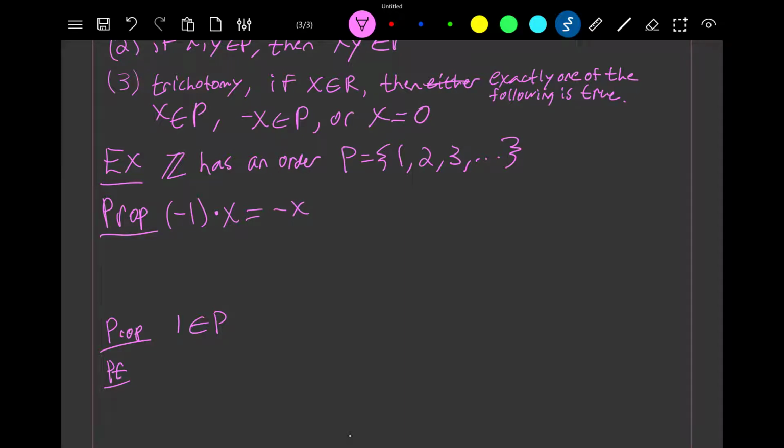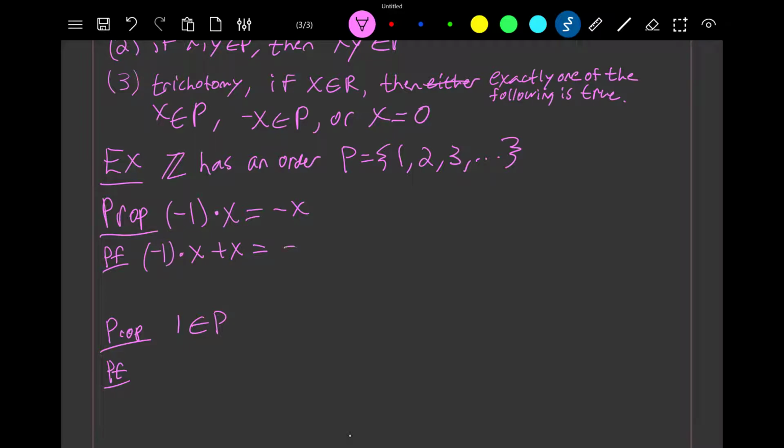And when I say -1 here, I mean the additive inverse of 1. So a proof of this is we know that the additive inverse is unique. So it suffices to show that -1 times x plus x, we can just show that this is equal to 0.